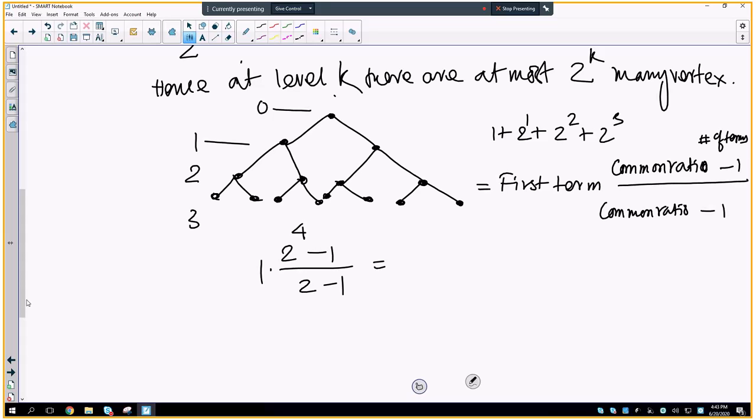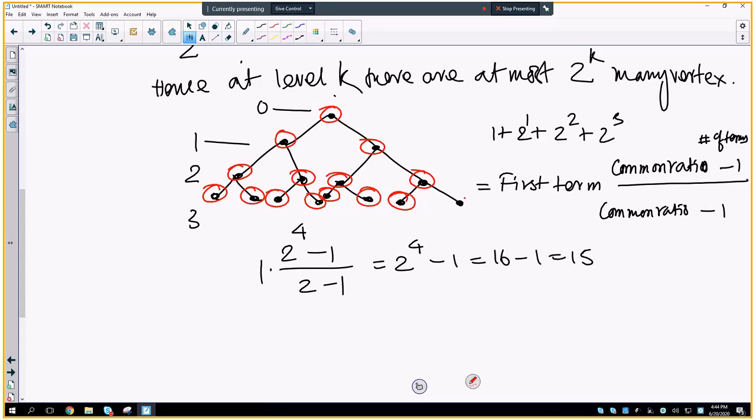I get 2 to the power 4 minus 1, which is 16 minus 1, and that's 15. So let's count whether I have 15 vertices or not. I have 1, 2, 3, 4, 5, 6, 7, 8, 9, 10, 11, 12, 13, 14, and 15. That answers your question.